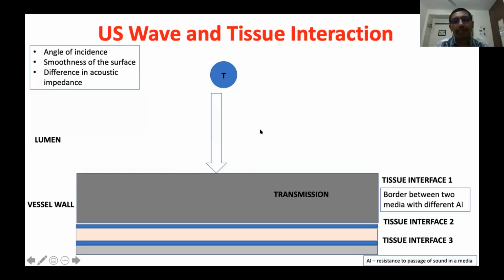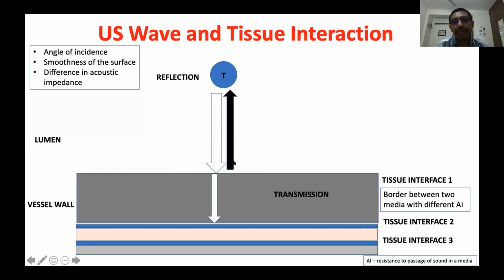And the third is the difference in acoustic impedance between these two media. These are the three important determinants of ultrasound wave interaction with tissue interfaces. Here we see an example. Here the ultrasound signal is perpendicular to a surface that is smooth and regular. So this results in all the reflected waves going back in the same direction to the transducer.